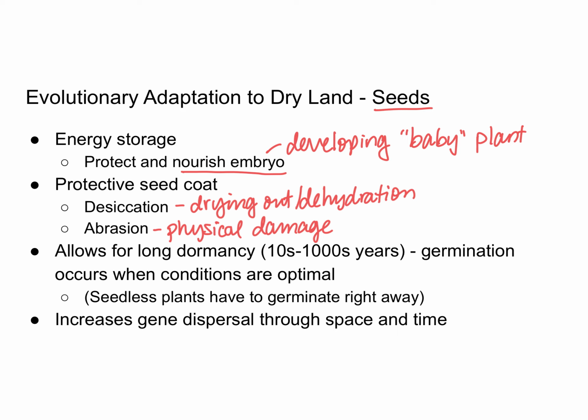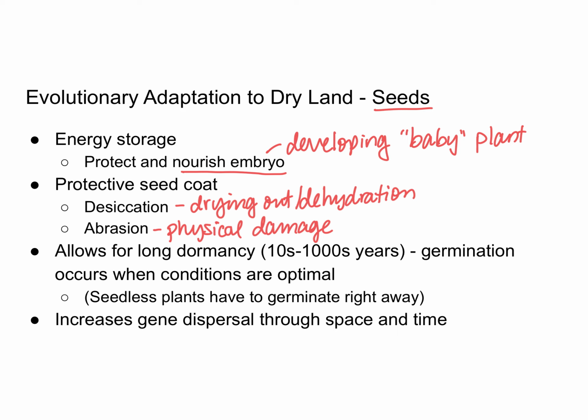And so this is one way that, if a seeded plant produces a seed and the conditions aren't right, the seed can potentially wait it out until the conditions become optimal for it to germinate and grow into its own plant. This is different from seedless plants, which have to germinate right away. They don't have the ability to stay dormant for long periods of time.